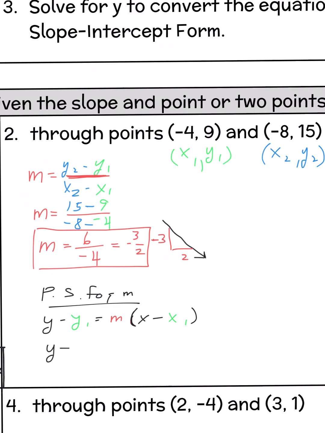Y minus, my y1 is 9, equal to my slope, which was negative 3/2, times x minus negative 4. So y minus 9 equals negative 3/2 times x plus 4. That's what this is in point-slope form.